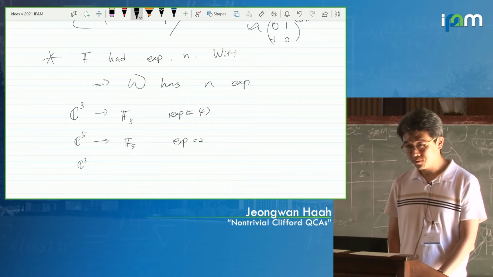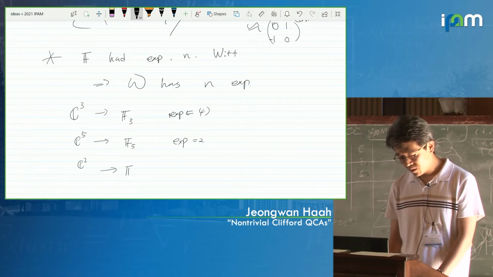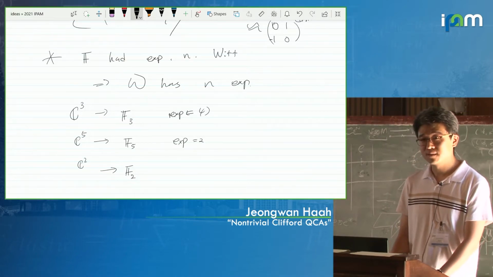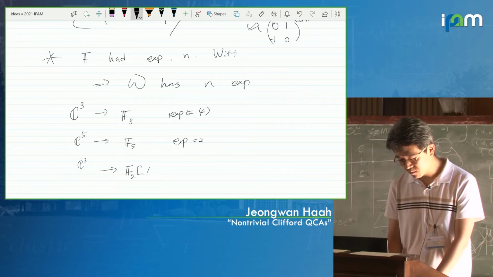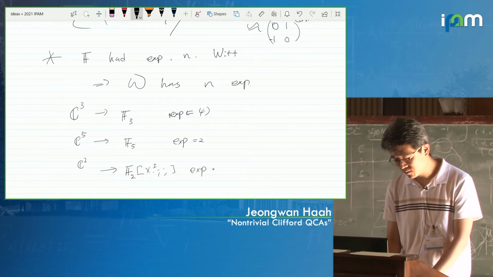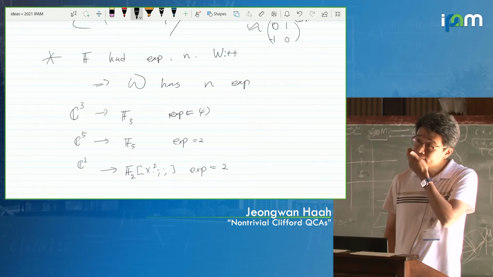Qubit is an exceptional case because the Witt group over the binary field needs some care, but in the anti-Hermitian setting there's no subtlety, and the exponent turns out to be 2 again.